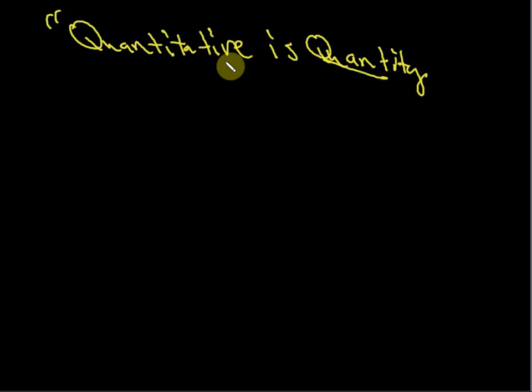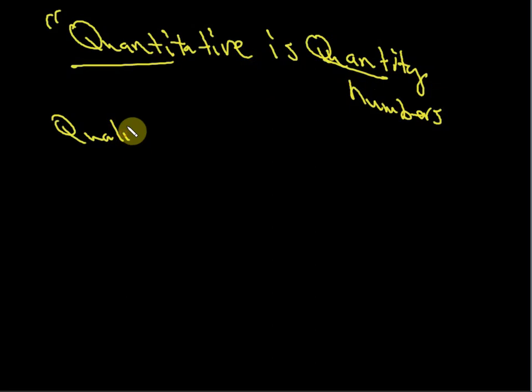So you have quant and quant. So numbers, right? Numbers. So again, when you think of qualitative, you just think about the quality, right? The description. So quality, the description.